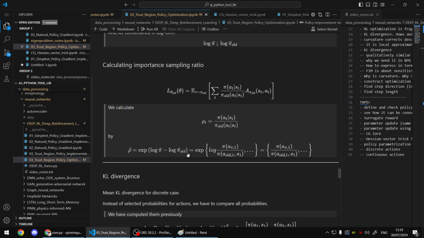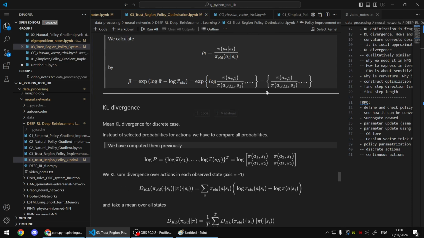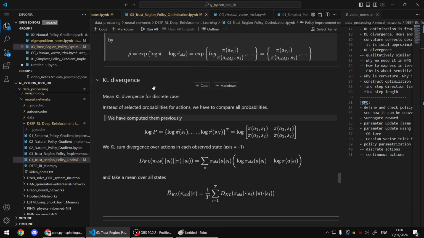In this example, you want to extract this fraction, the importance sampling ratio. You have vectorized all your probabilities, then you subtract them, take a log, and that's what you get. That will be the main mathematical direction. I don't know how to call it.